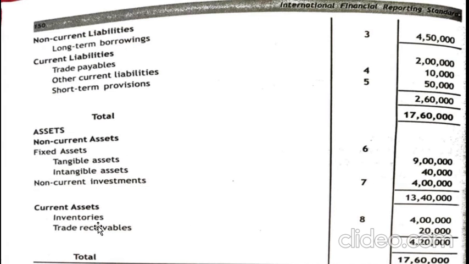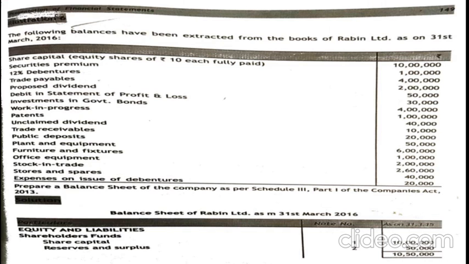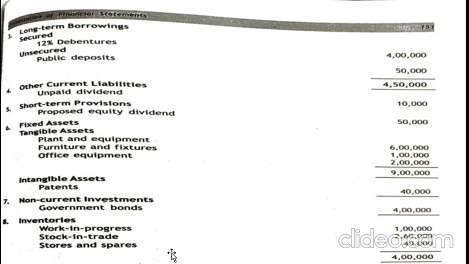Next you have current assets. Under current assets, according to the balance sheet format, we have inventories, trade receivables and other items. In this question we have only inventories and trade receivables. For inventories we have the calculation which is mentioned: work in progress, stock in trade, stores and spares. So the total of your inventories is 4 lakh.